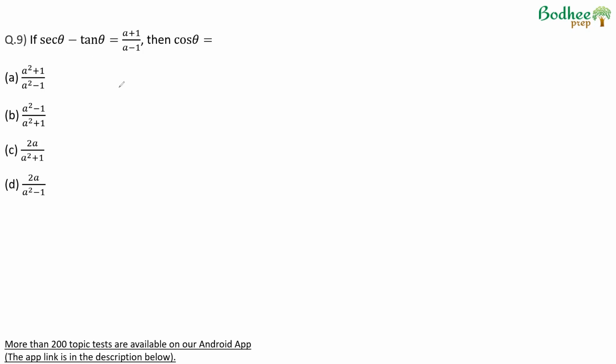So what I do is I multiply and divide the left hand side by sec theta plus tan theta. Right hand side remains as it is.